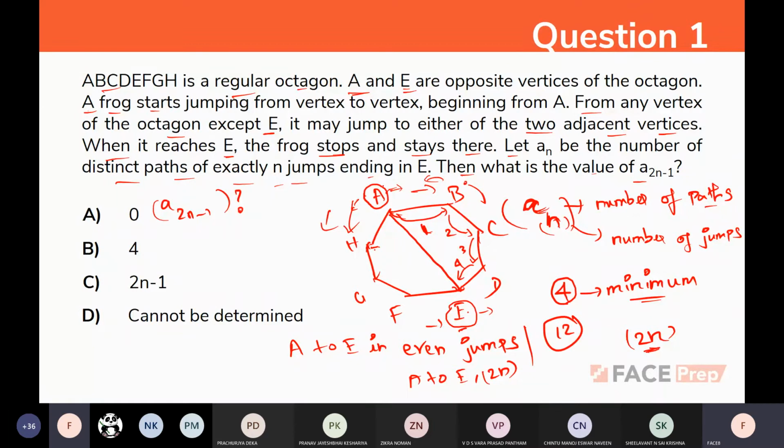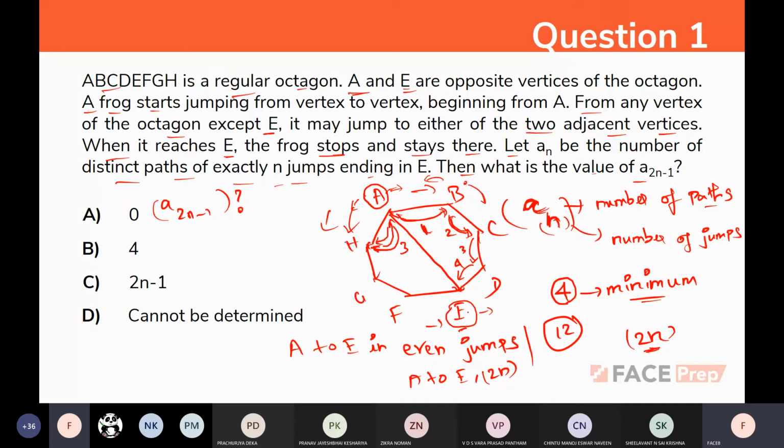Here the frog is going A to B, B to C. This is the direct path. It can go like this also. It can go from A to H first, then it can go back from H to A, and again come back to A to H. So this contains 3 jumps. So this is one path.